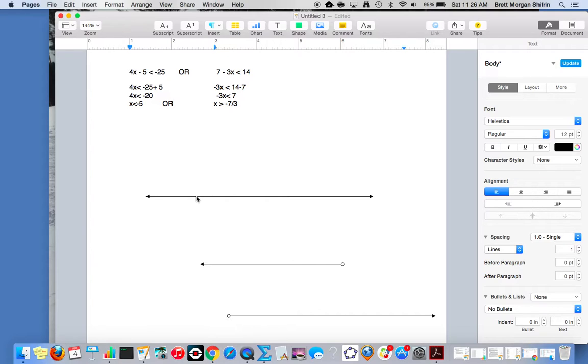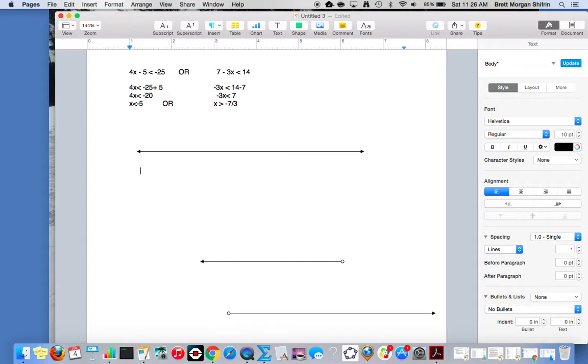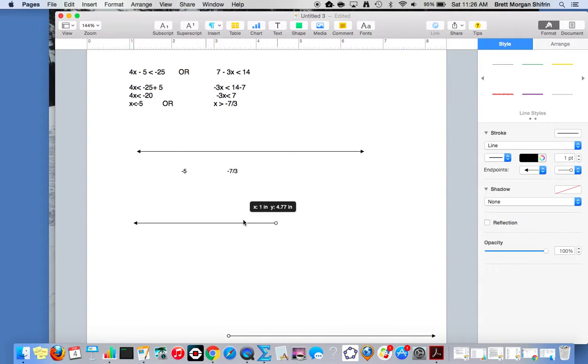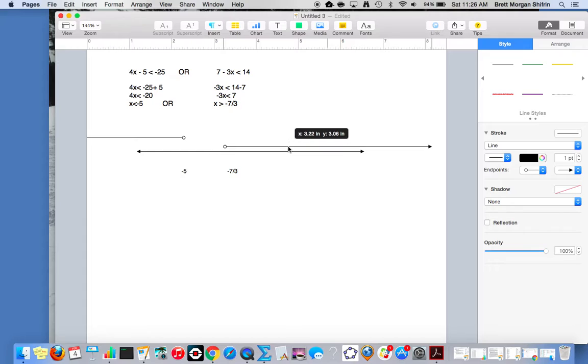So if I look at my number line here, negative 5 is here, and I know that negative 7/3 is here, then I can look at this. X less than negative 5 looks like that, and x is greater than negative 7/3 looks like this.